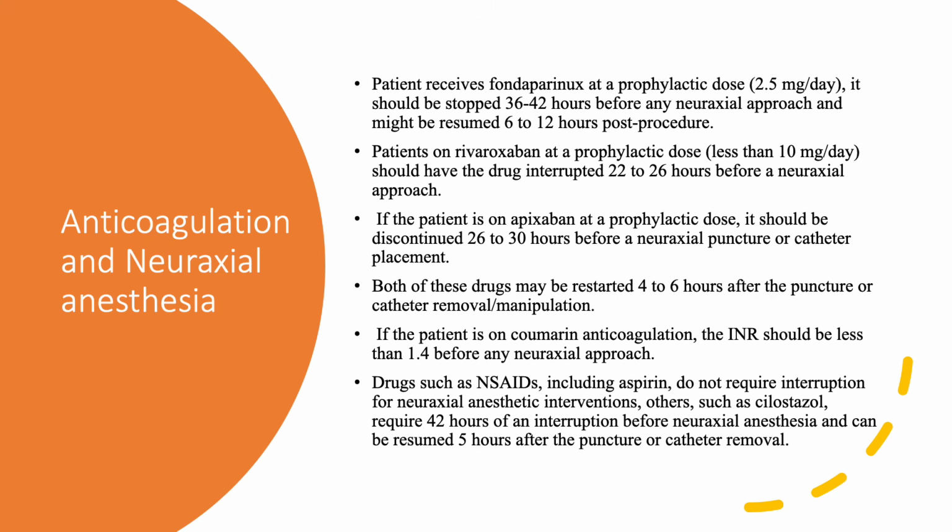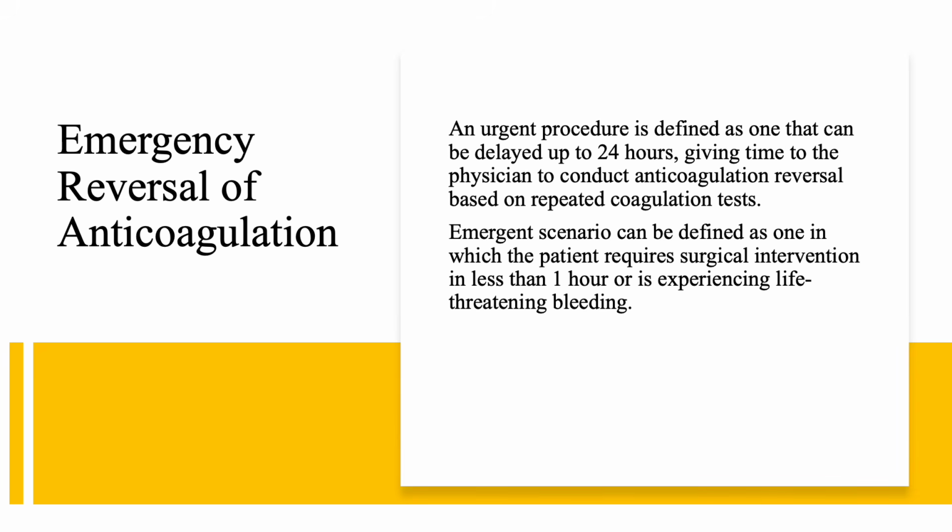If the patient is on coumarin anticoagulants, the INR should be less than 1.4 before any neuraxial approach is done. Drugs such as non-steroidal anti-inflammatories, including aspirin, do not require interruption for neuraxial anesthetic interventions. Others such as cilostazol require 42 hours of interruption before neuraxial anesthesia and can be resumed 5 hours after the puncture or catheter removal.